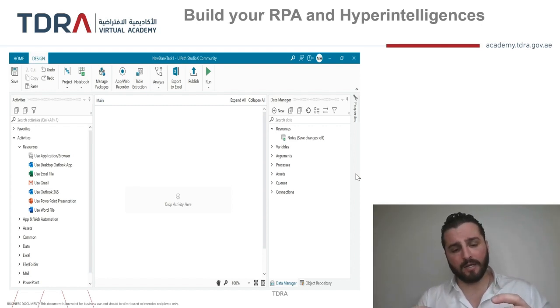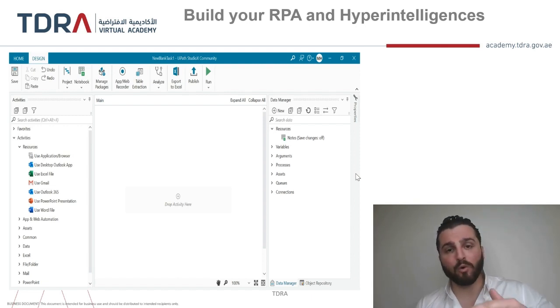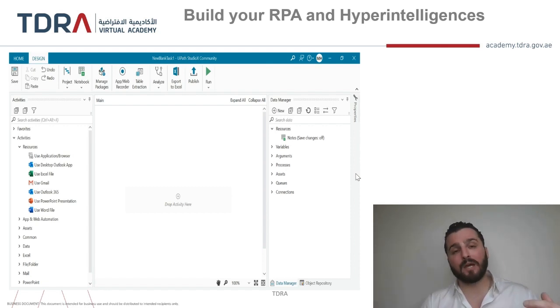If we want to integrate these two together, we need to consider more factors and more exceptions, and we need to integrate RPA with other tools. This is what we call hyper intelligence, which is the new trend of utilizing RPA integrated with other technologies to deal with the different maturity levels around the ecosystem that we have.